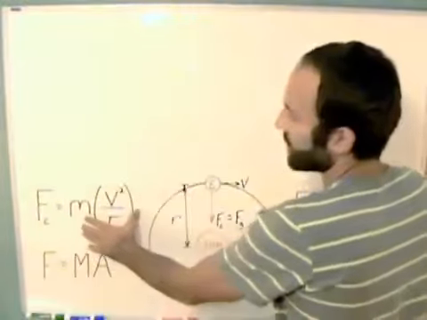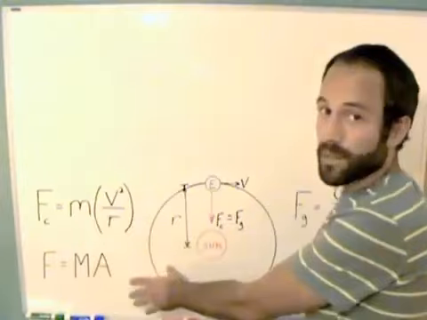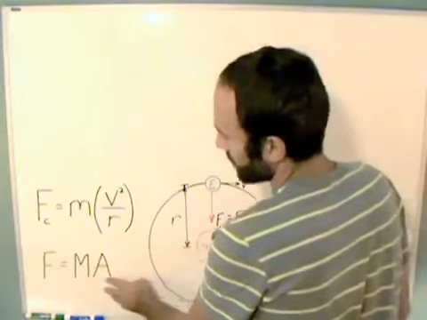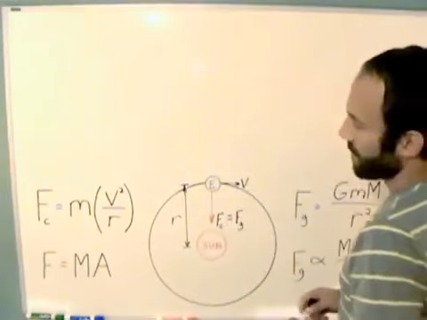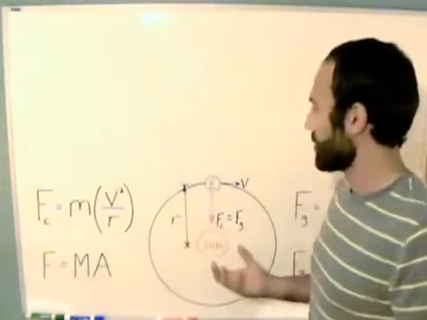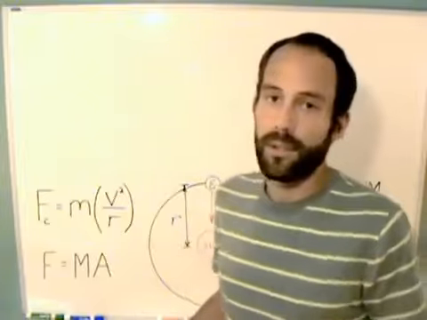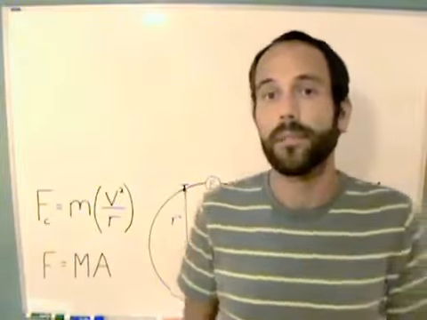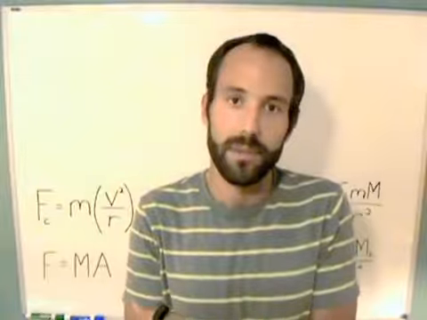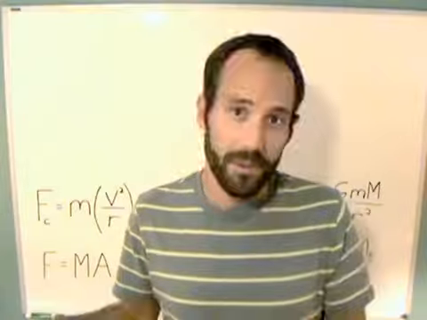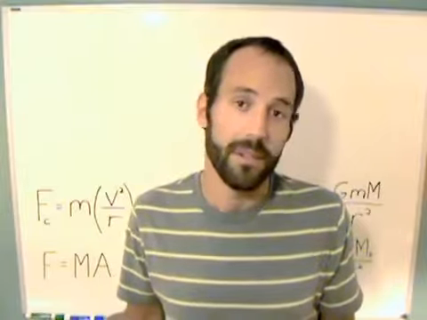This equation is really derived from F equals ma. Like I said, this is the bread and butter equation of physics. The only difference here is we're dealing with angular acceleration, or centripetal acceleration, whereas in the last episode we were talking about the acceleration towards Earth, or acceleration due to gravity, as it's called.